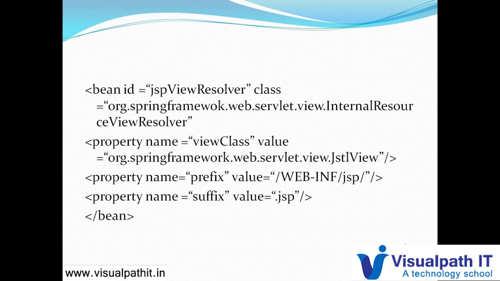The order property specifies which view resolver is to be executed first in an application context. When a particular view resolver of Spring does not load a view, Spring examines that application context to find the other configured view resolver.